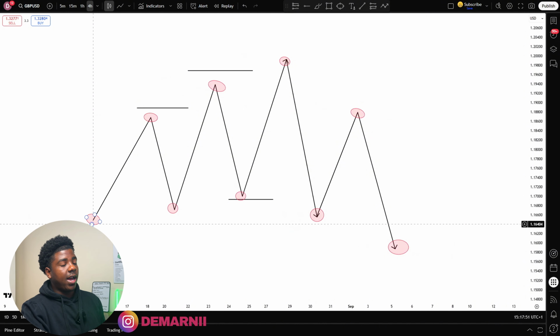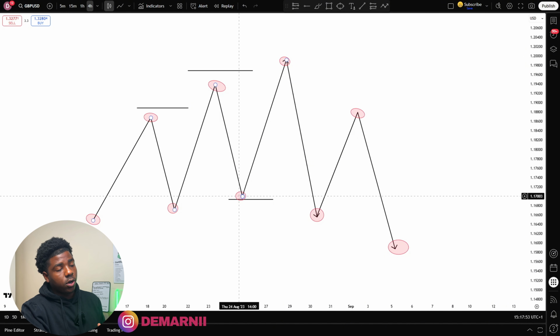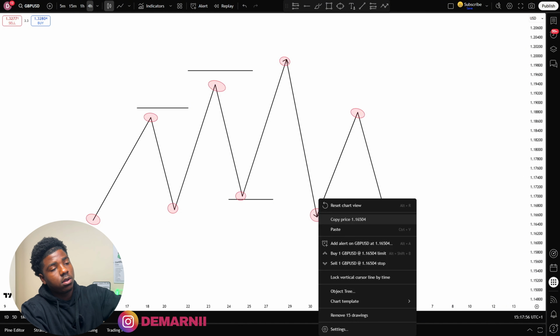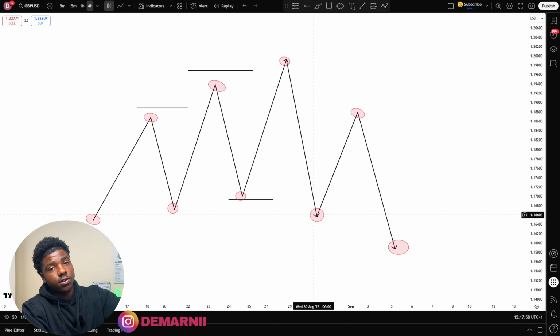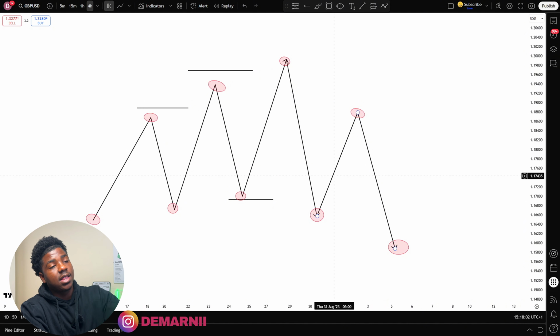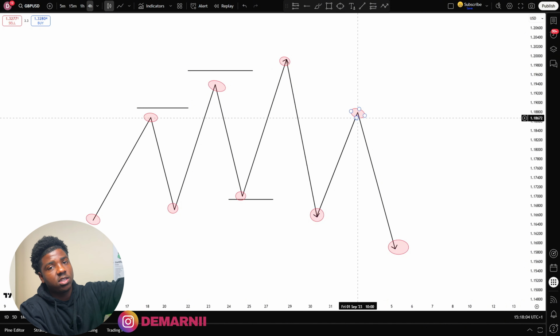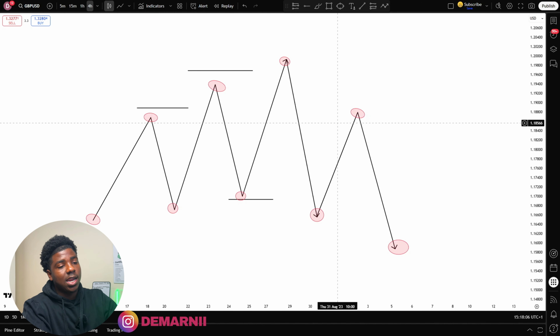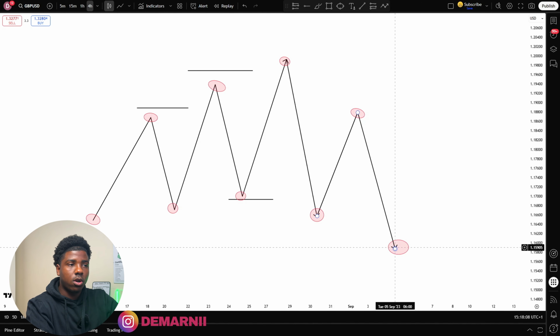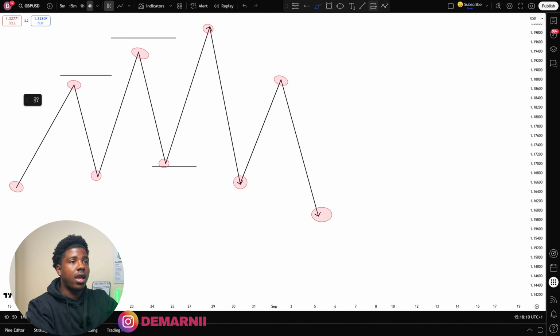This started off as a bullish move or a bullish trend. We come down, we had a shift, a change of character, a change of characteristics in the market from buyers to sellers. Then we came back up, we had our little retracement, and then now we pushed back down, created our lower low, and now we are in a seller's market.